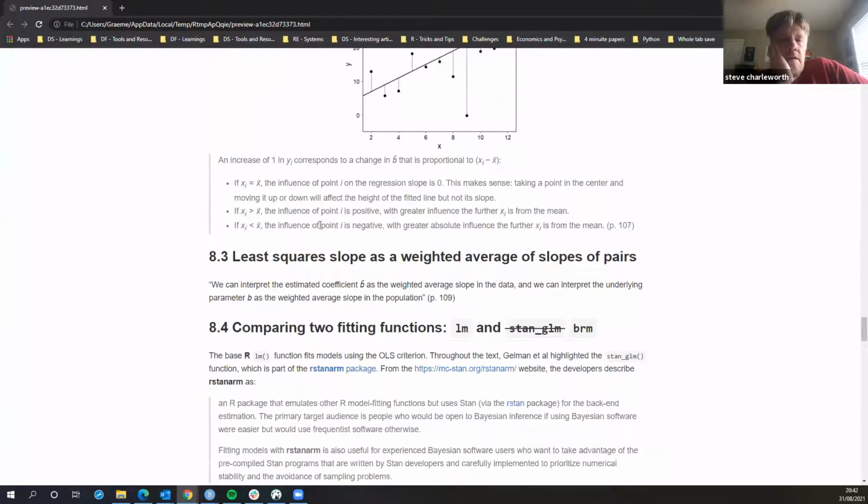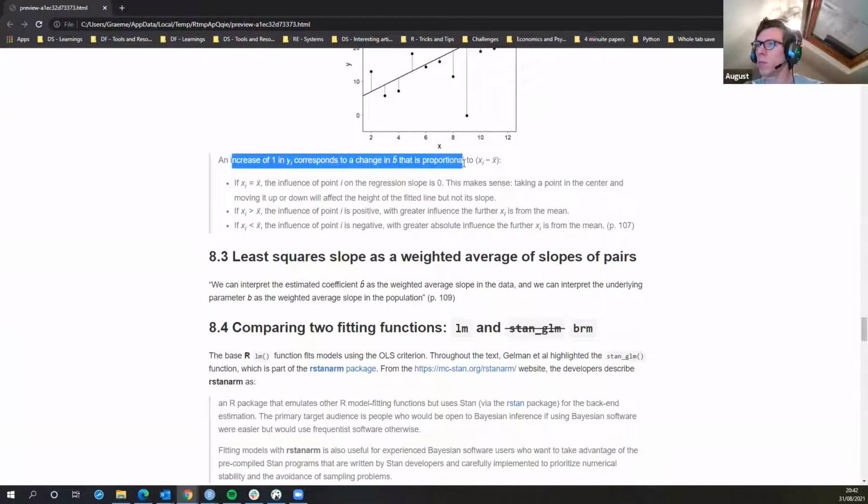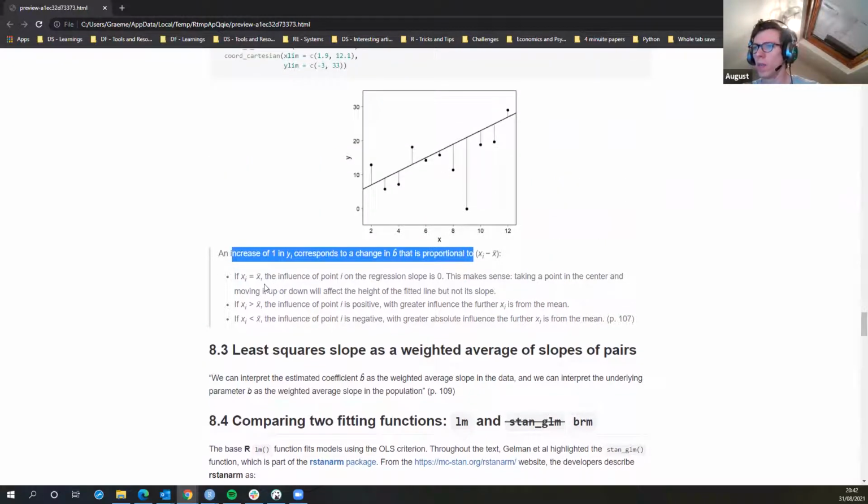Yeah. Okay. An increase of 1 in y corresponds to a change in beta that's proportional to xi minus x bar, which is the average. If xi equals x bar, the influence of the point is 0. Yeah, if it's above, it's positive. If it's below, it's negative.